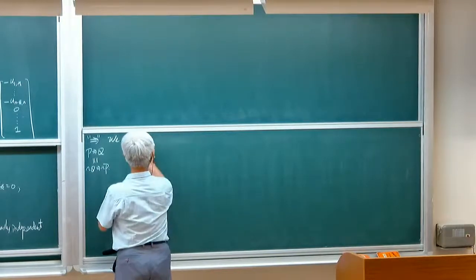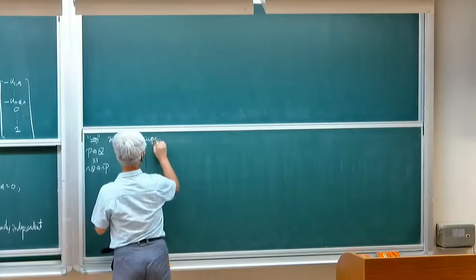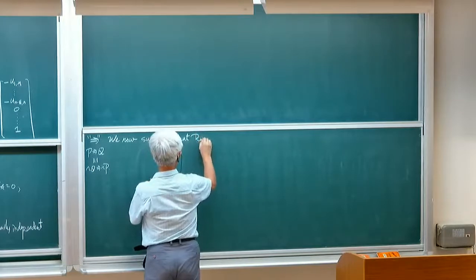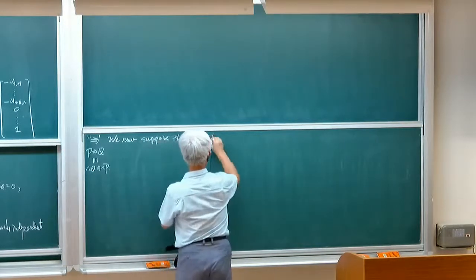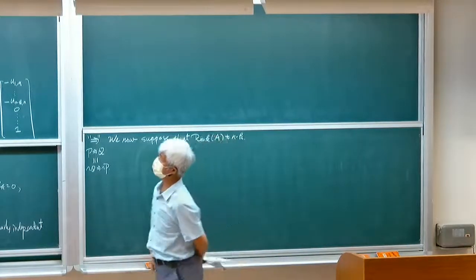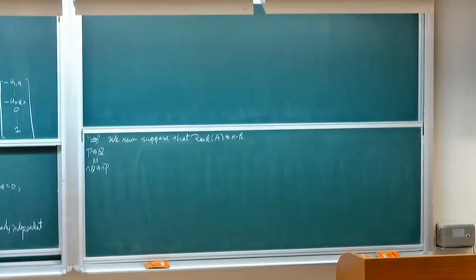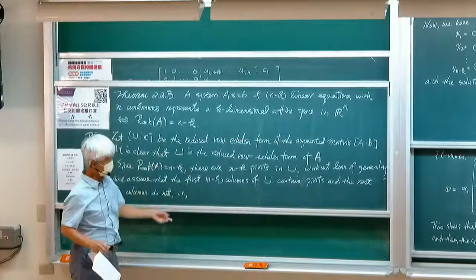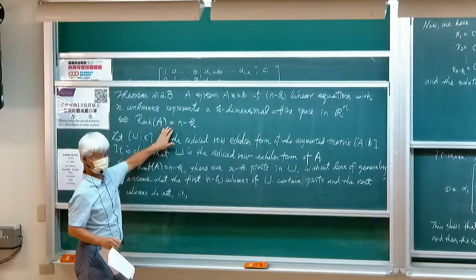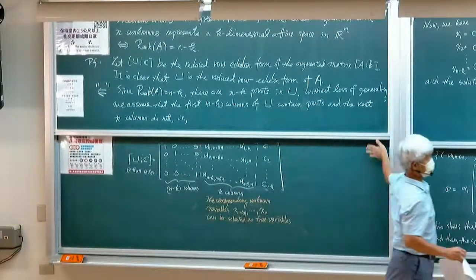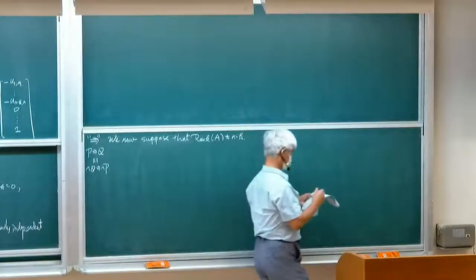We now suppose the rank of A is not equal to n minus k, right? Because the forward part asks us to show that if such a linear system represents a k-dimensional affine space, then the rank of A is n minus k. So now we assume this is not true. Suppose that the rank of A is not equal to n minus k.